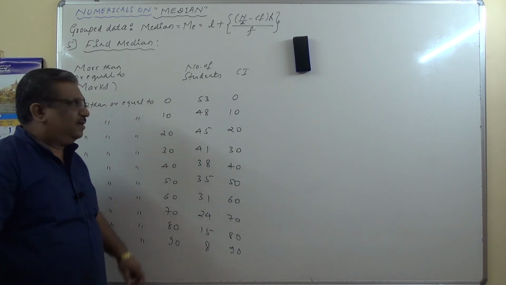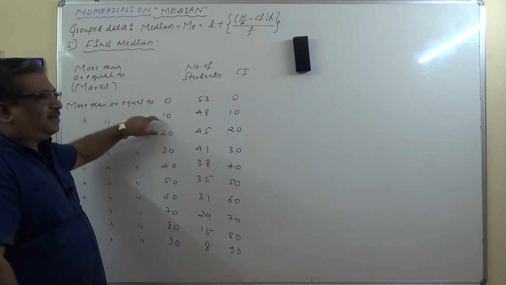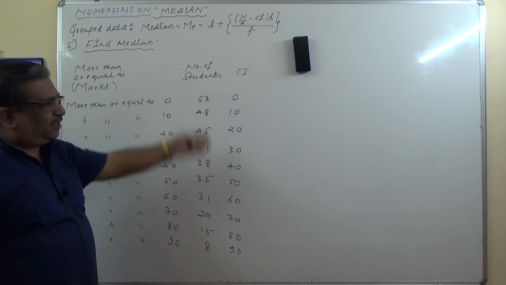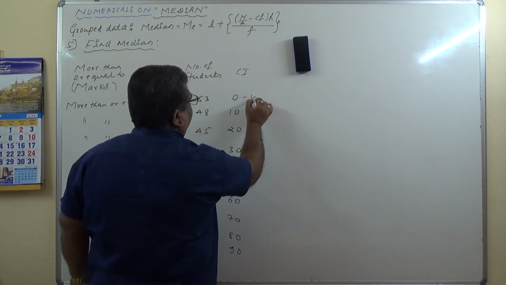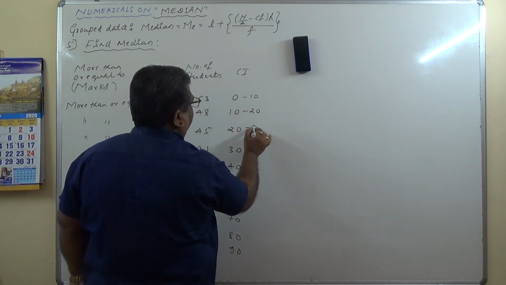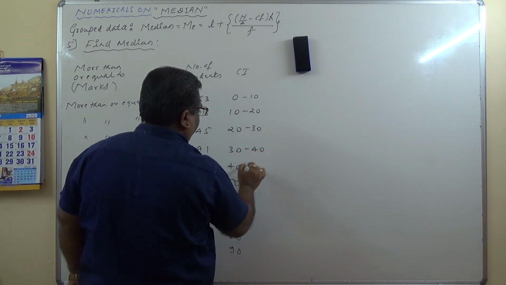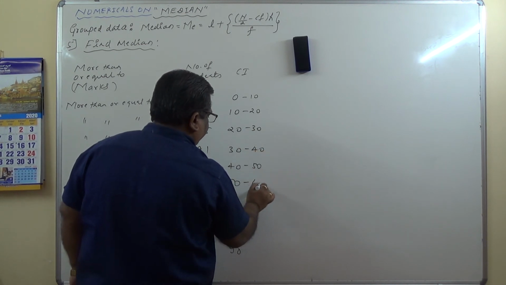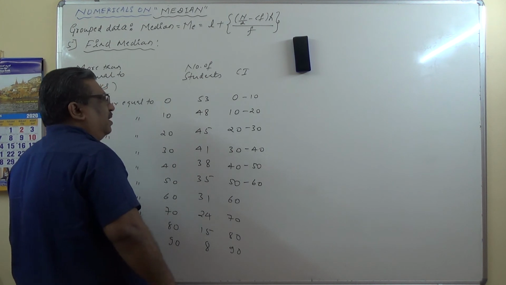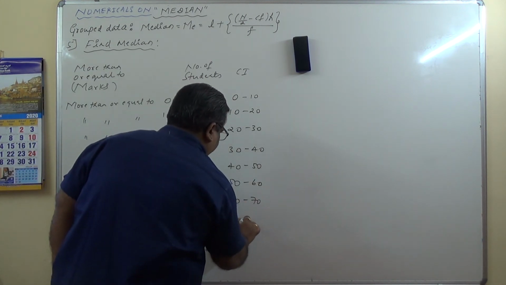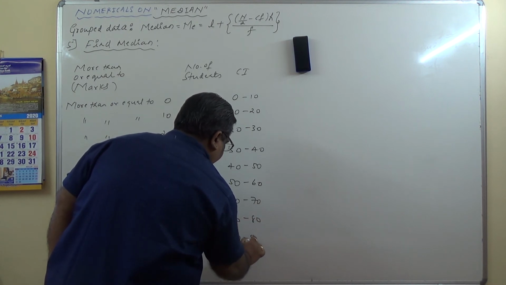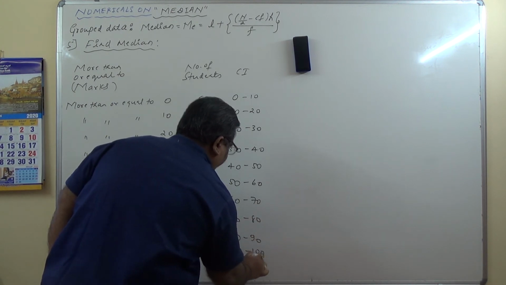What is the class size? This minus this, or this minus this, 10. Add it to this one and get the upper limits. So 0 plus 10, 10 here, 20 here, 30, 40, 50, 60. I am adding class size to the lower limits. 70, 80, 90, 100.